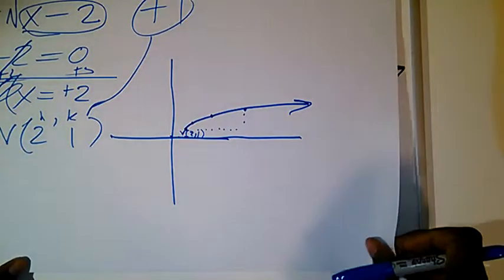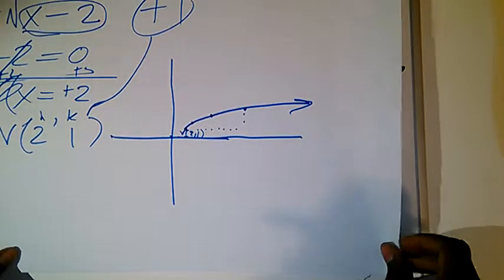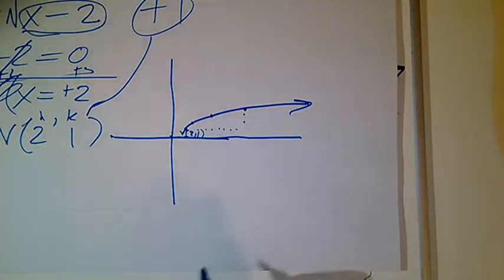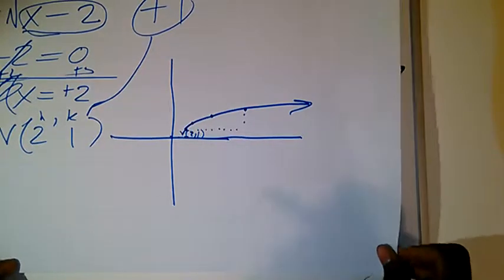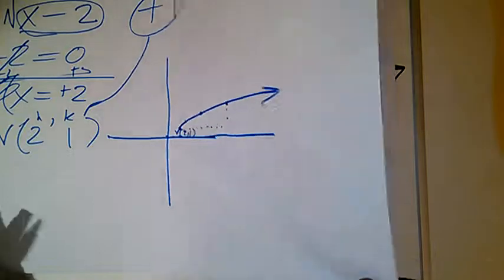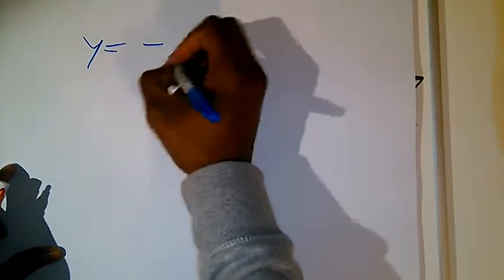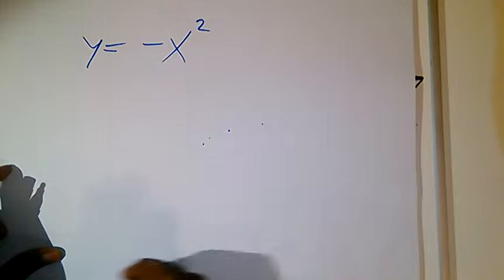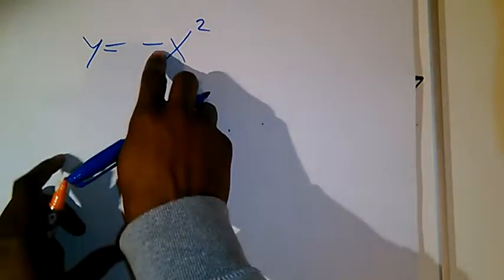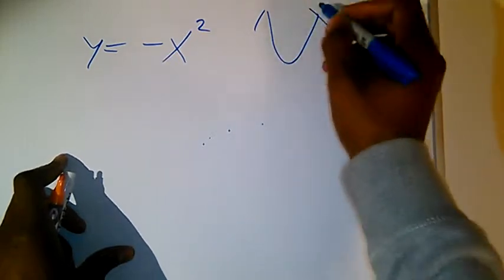Now, something that's important to know when you're graphing functions: let's say there is a negative in front of the function. Example. Let's go back to our square root one. Let's say we have y equals negative x squared. If there's a negative in front of the x, it's not going to be facing this way.